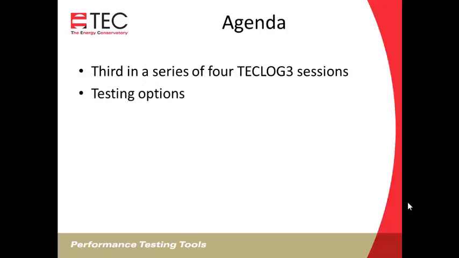We'll be talking about different testing options. There's a lot of different ways to test a multifamily building, and the configuration worksheet, where you're gathering all the information from all the DG700s and all the channels and entering that. You're gathering all the information you need to enter into the TECLOG3 software.